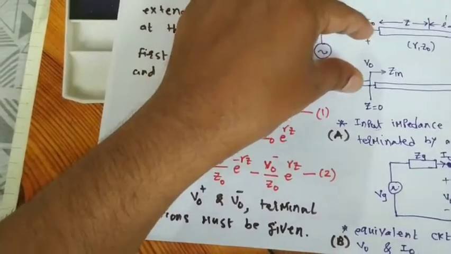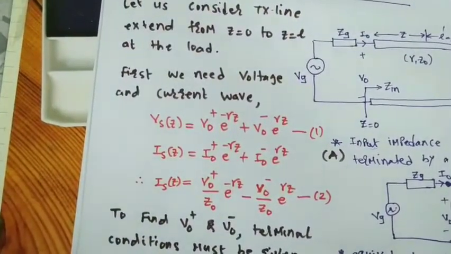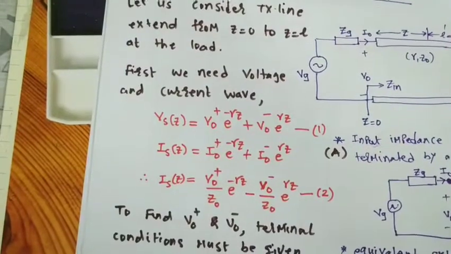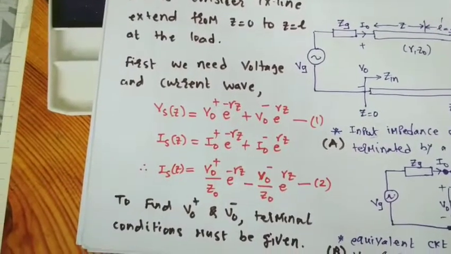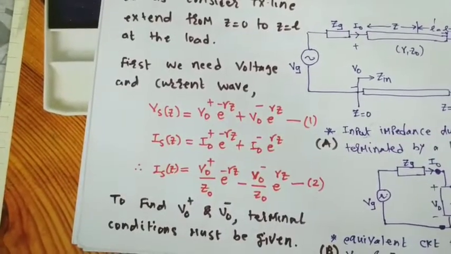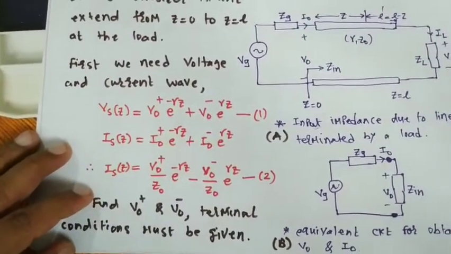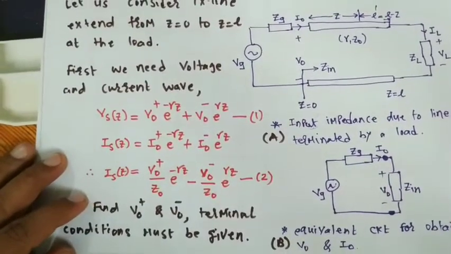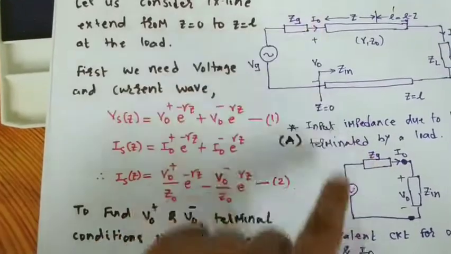So the input impedance at z equal to 0 can be directly written as V0 by I0, which is equal to Zin, generated at the source point or generator point. For this we first have to obtain V0 and the current I0.